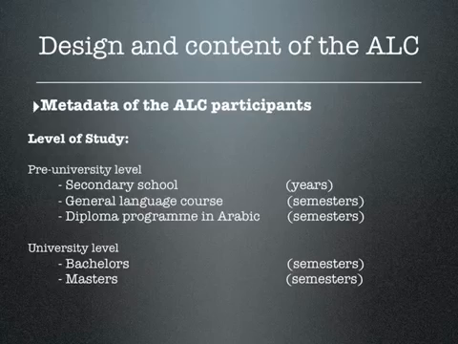Levels of study were also broken up into subcategories based on the year or semester in which the participants were studying. Years were used for the secondary school students, and semesters were used for the other groups, as their learning system is based on semesters.